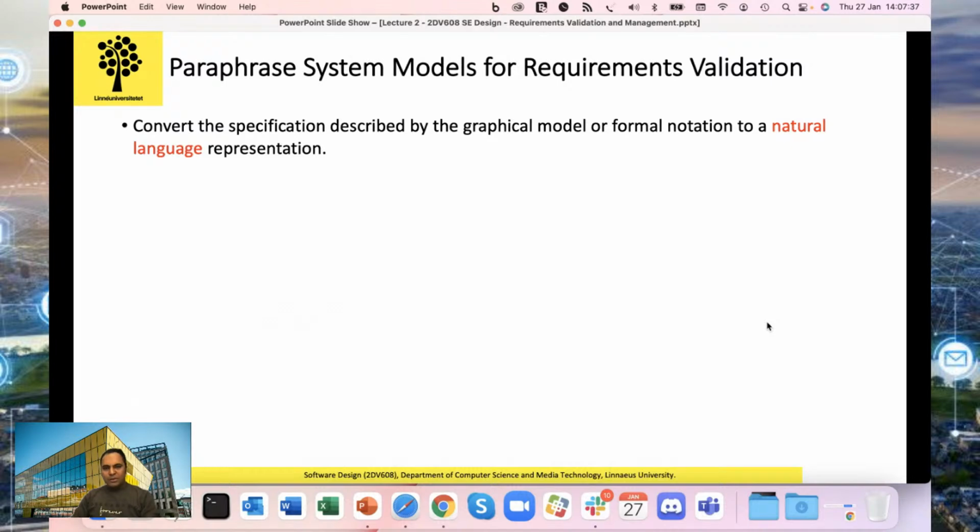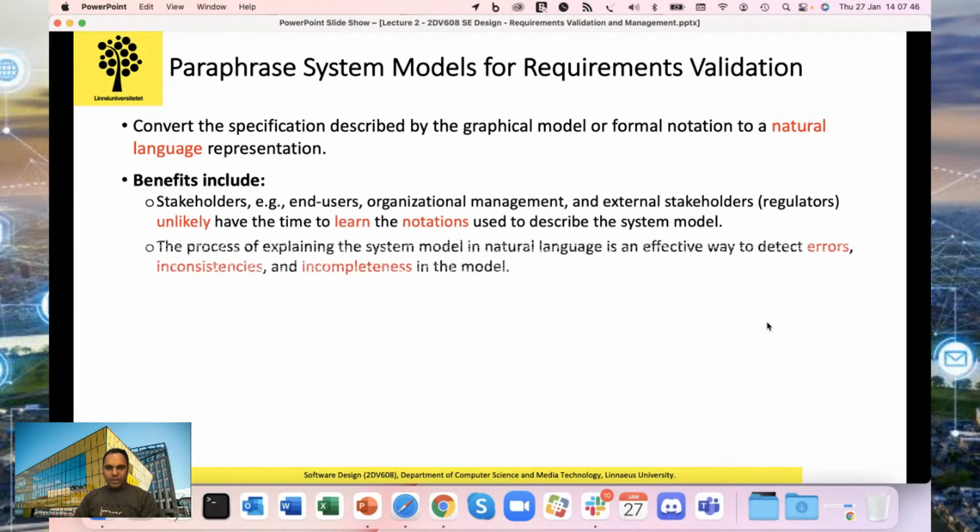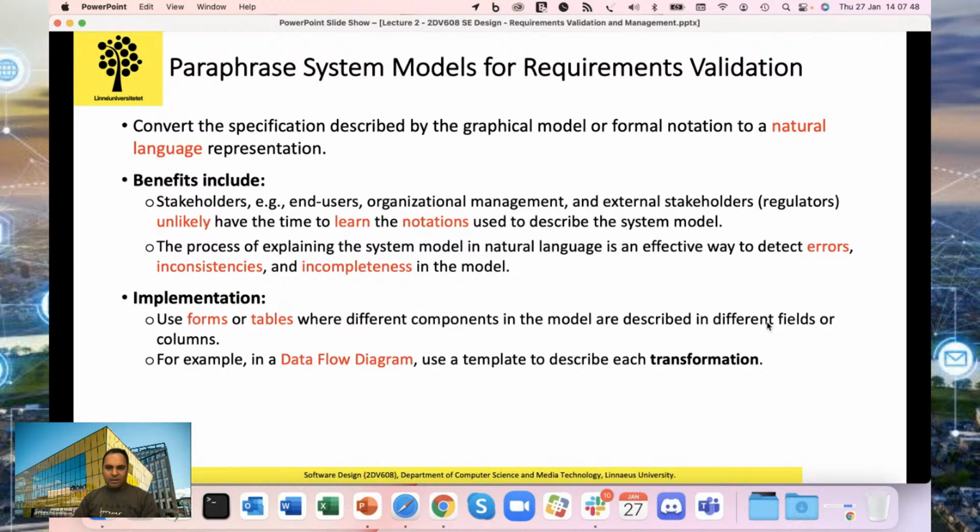One of the ways of requirements validation is to describe your models. Usually we represent our requirements in the requirements specification stage using different notations, including graphical notations, like a class diagram, a data flow diagram, a component diagram, a deployment diagram, and whatnot.